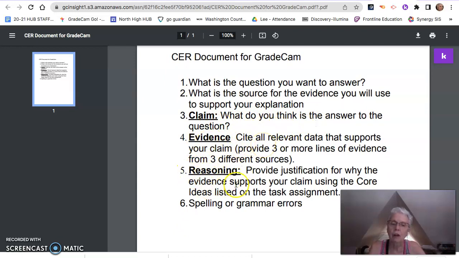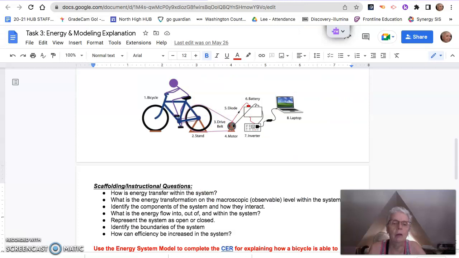And for question 5, you'll do the reasoning. Remember, they should all go back to those core ideas. And then for question 6, I will be the one that will give those points according to if you have any spelling or grammar errors. So make sure that you don't have any spelling or grammar errors. That's how you're going to do the CER.